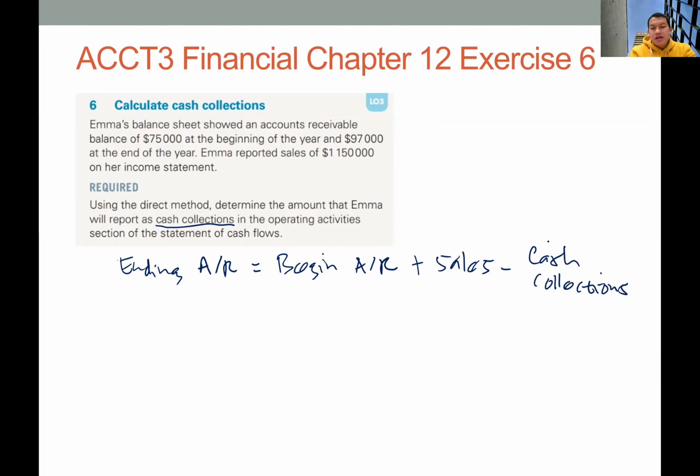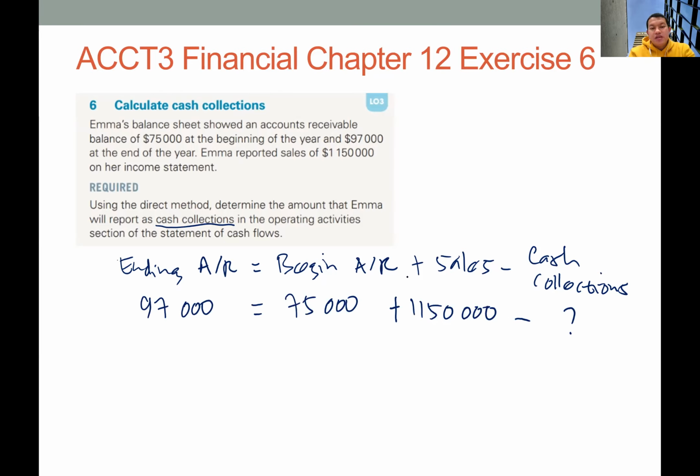We can just plug the numbers into this formula. The ending balance is 97. The beginning balance is 75,000. Sales is 1.1 million. Cash collection is the one that we are interested in.